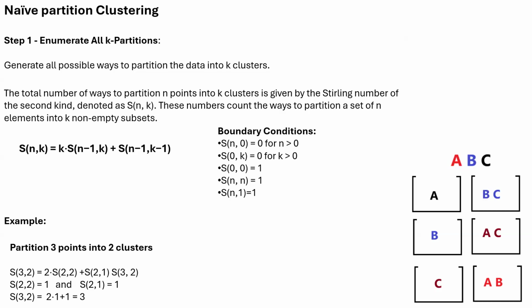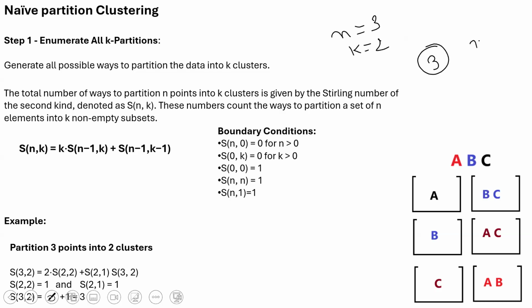The total number of ways to partition n points into K clusters is given by the Stirling number of the second kind, denoted as S(n, k). So now you are given n equal to 3 and number of clusters k equal to 2, and you came up with 3 partitions.